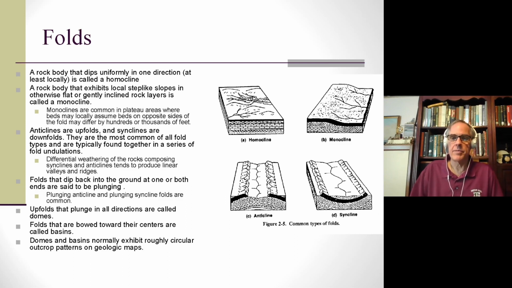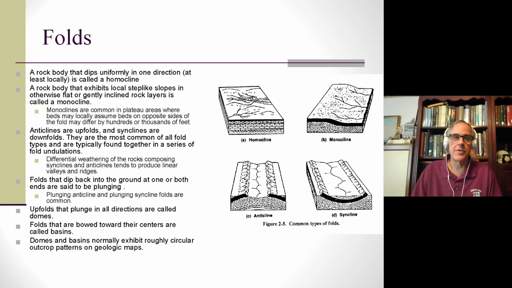Once the sediments were laid down and deposited, they've been moved around by tectonic forces in the earth and other things going on, which have either slanted or bent the sedimentation. I emphasize sedimentary rocks because that's what we see in the area here at UTC.